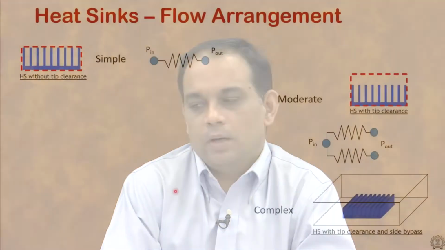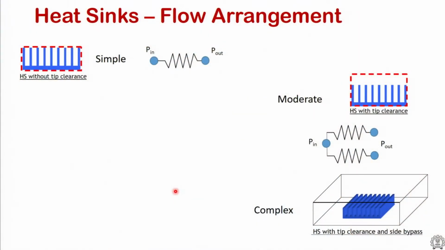Looking at the slide, the flow arrangement is quite complex in many situations in electronic systems. One, you can see a heatsink placed in a duct. The dashed red line shows the duct cross section, and the heatsink is placed in such a way that there is no air flowing over it or by the side, and all the air or liquid is forced to go in between the fins.